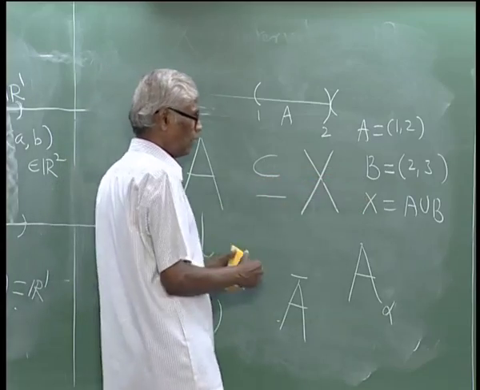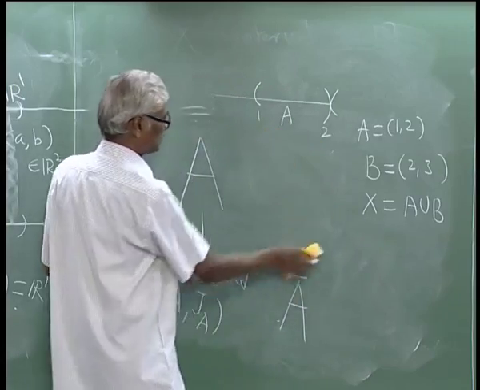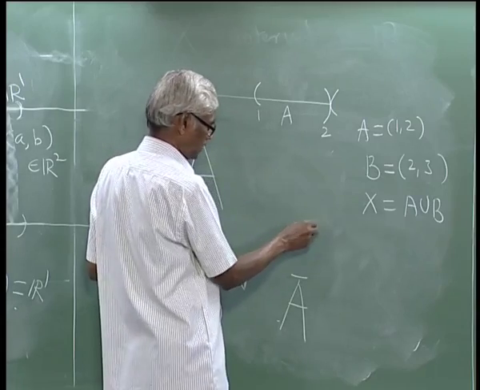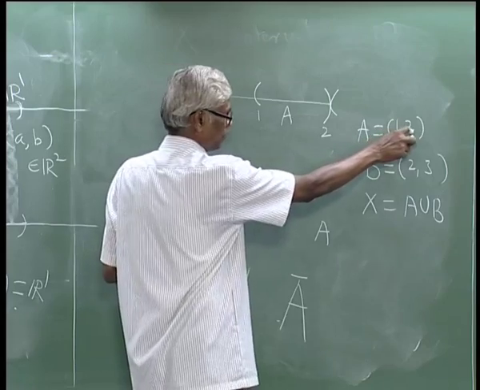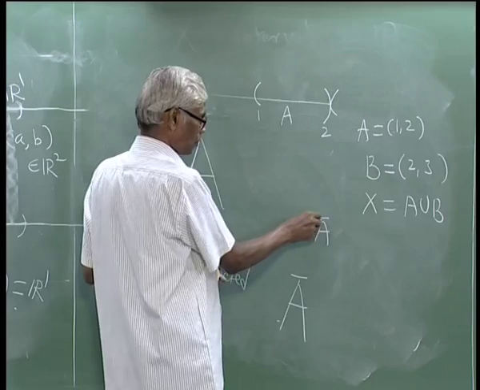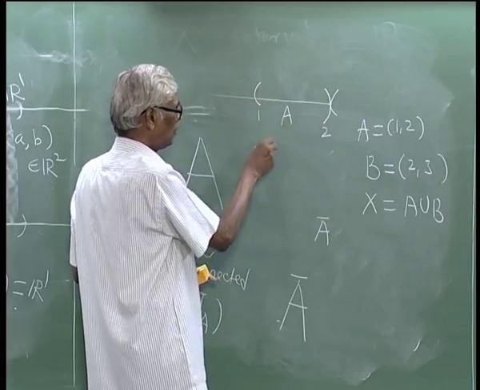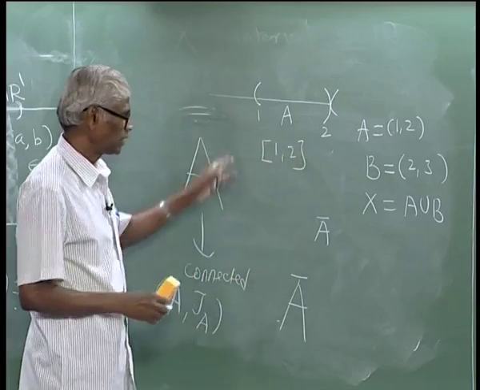But A, the open interval 1 comma 2, is connected. Then if we take the closure, in this case it will be the closed interval 1 comma 2. So that will be connected.